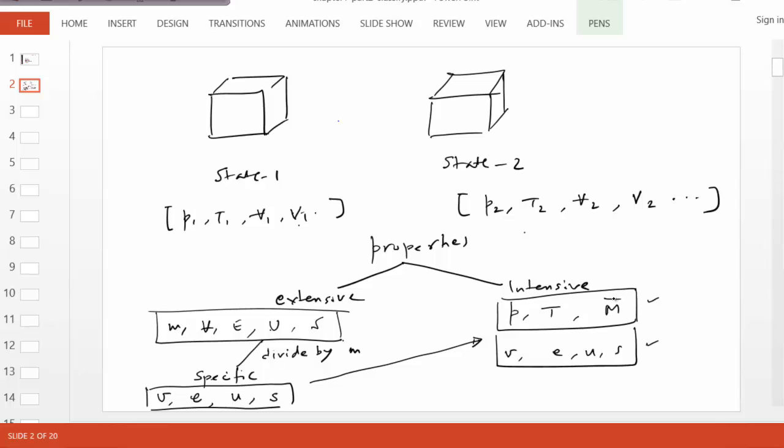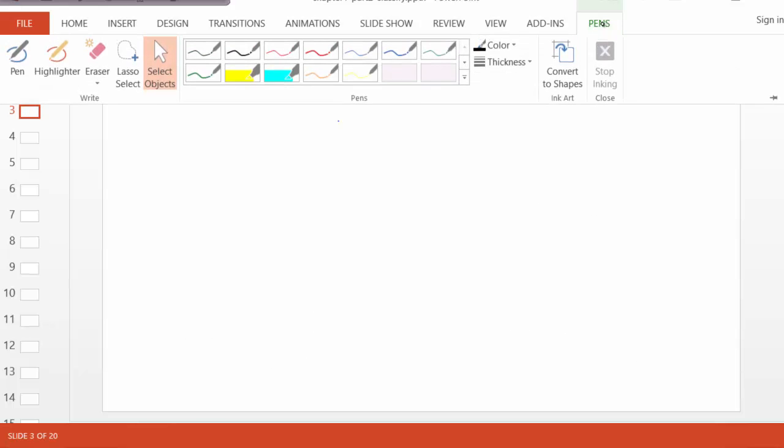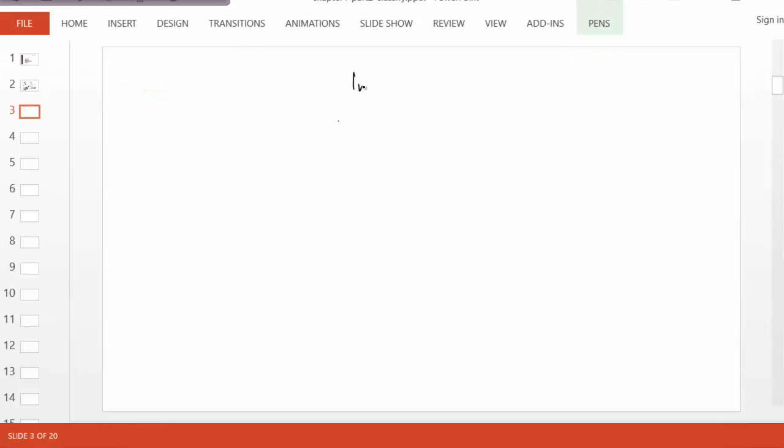Now let's take a look at the intensive properties. So we have pressure, temperature, V, U, S, KE, PE, molar mass.